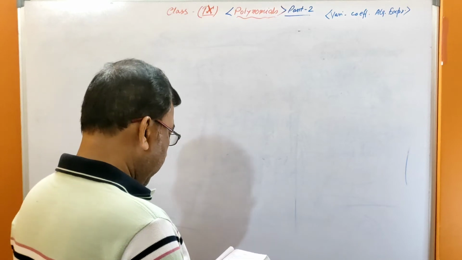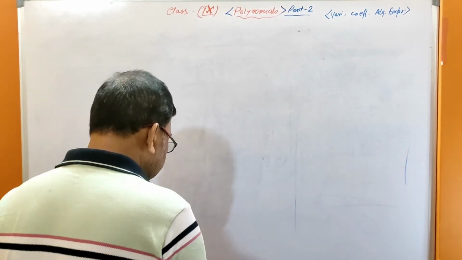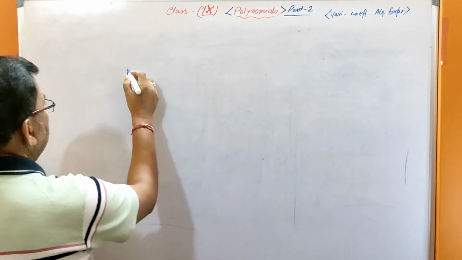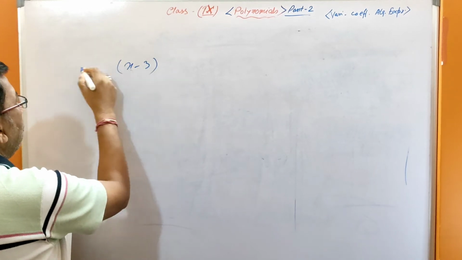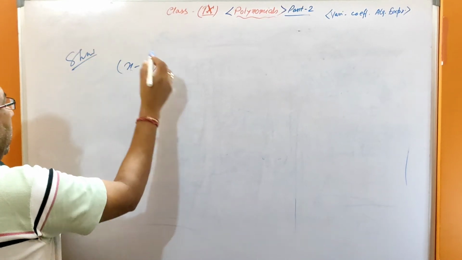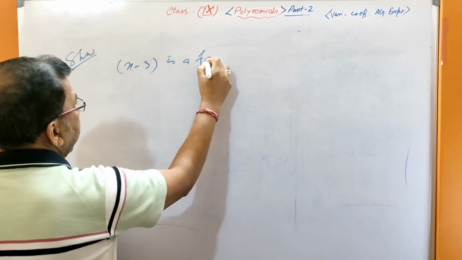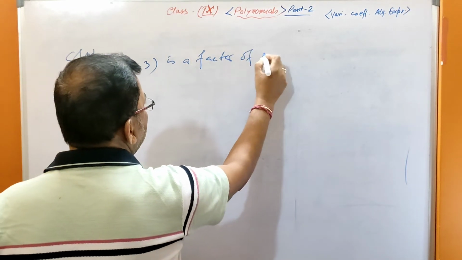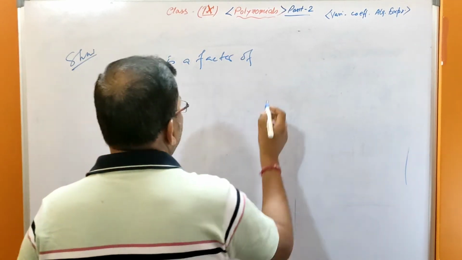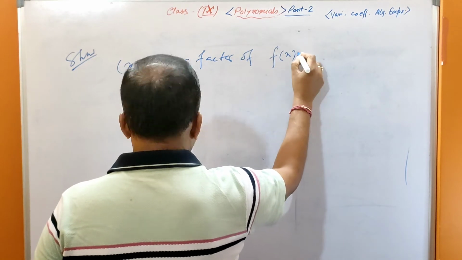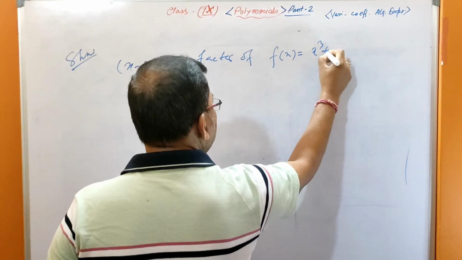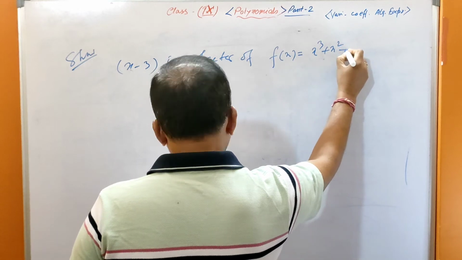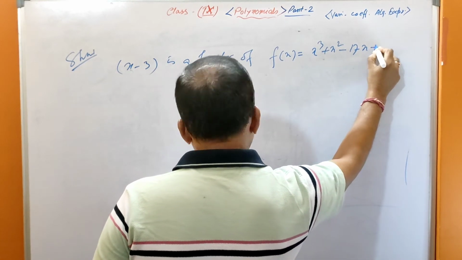Suppose you are given that x minus 3 is a factor of the polynomial f(x) equals x^3 + x^2 - 17x + 15.